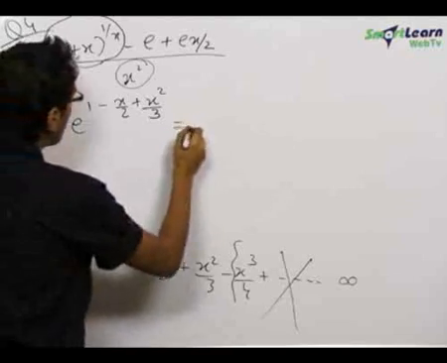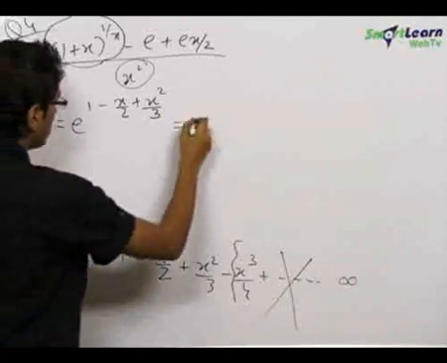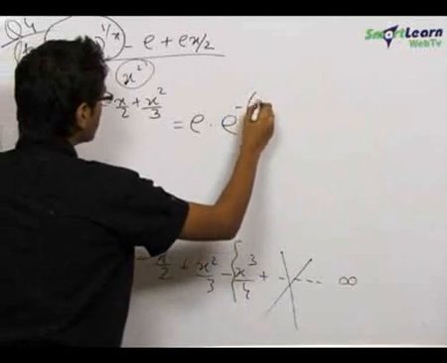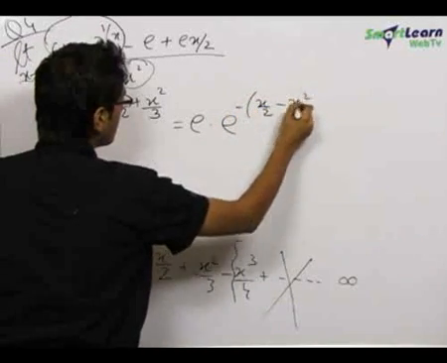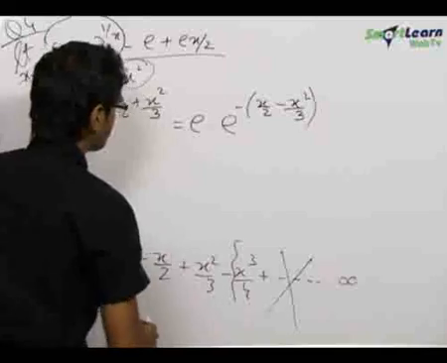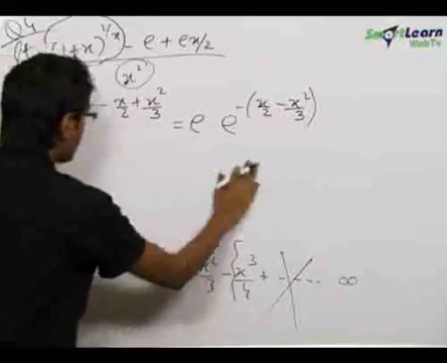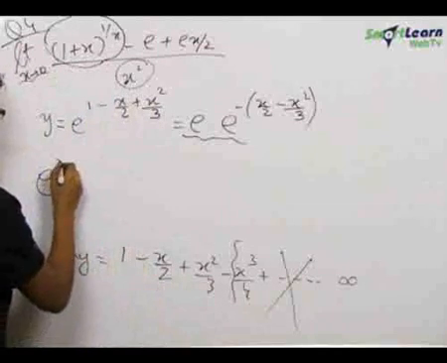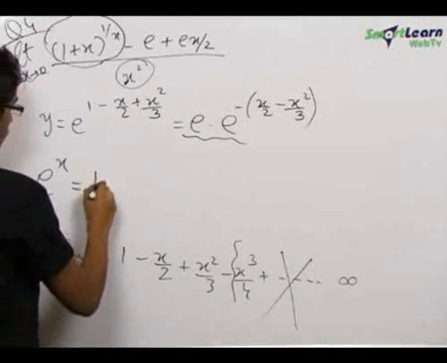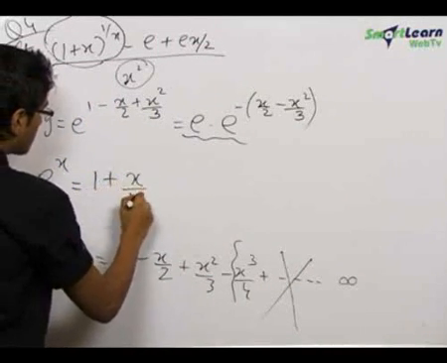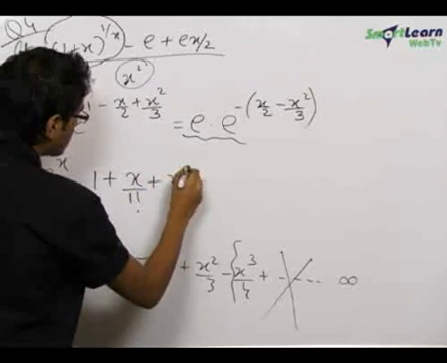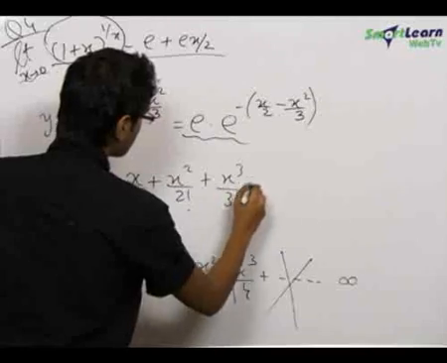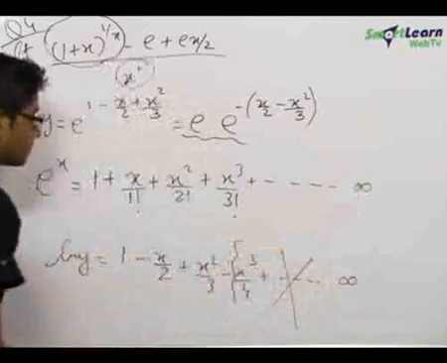Now we again try to simplify this term. We write it as e into e power minus x by 2 plus x square by 3. Now here a very important second expansion is involved, which is the expansion of e power x, equal to 1 plus x upon 1 factorial plus x square by 2 factorial plus x cube by 3 factorial up till infinity.